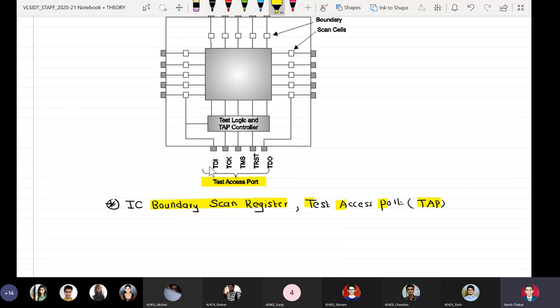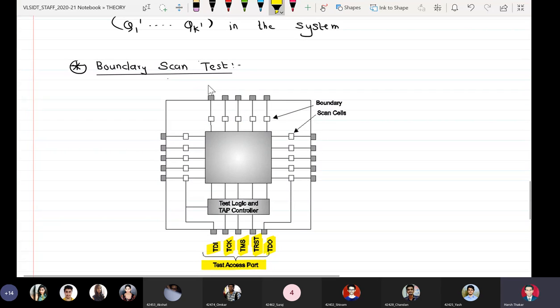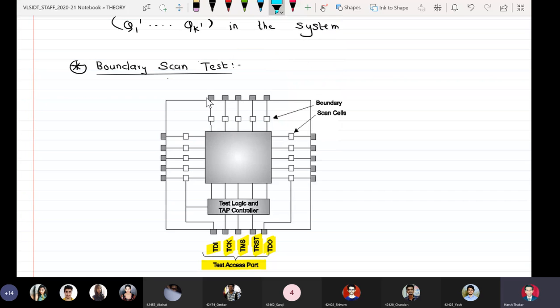And these are the 5 signals which we also mentioned yesterday: test data input, test data output, test clock, test mode select, and test reset. Okay. And these are the IC pins. So we'll highlight them also. These are IC pins.